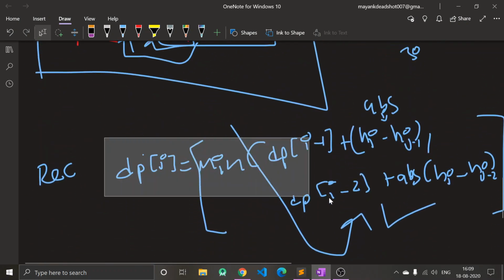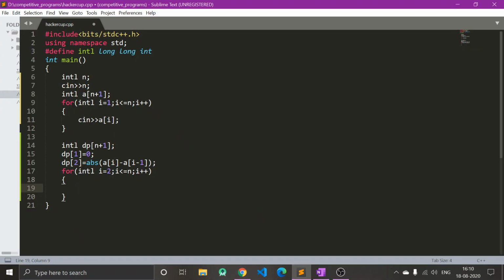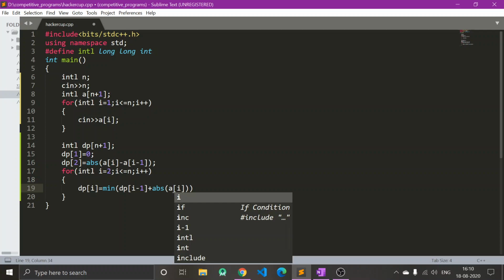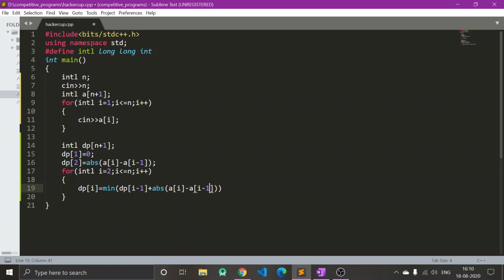So dp of i is equal to the minimum of dp of i minus 1 plus abs of a of i minus a of i minus 1, then comma.